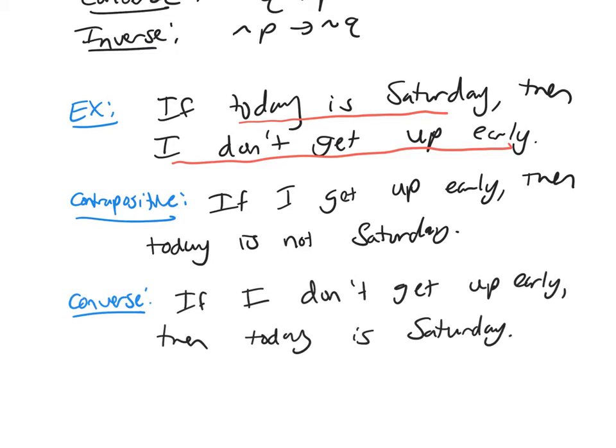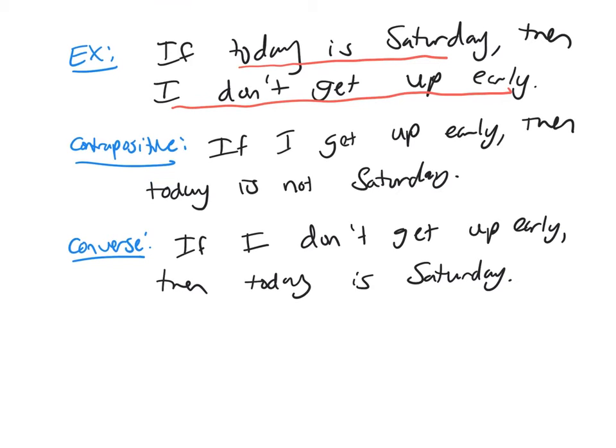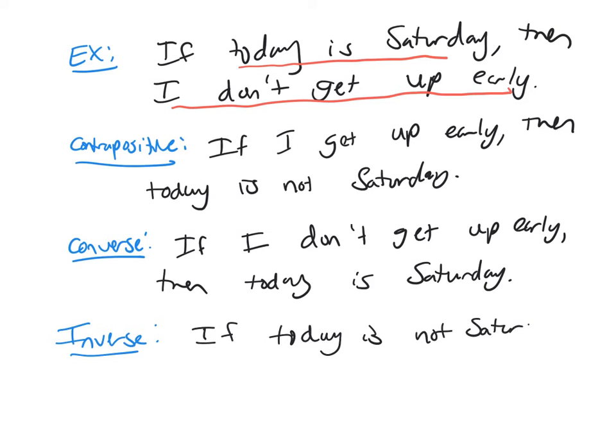And the very final one is the inverse, which you leave them where they're at, but you negate each piece. So if today is not Saturday, then I get up early.